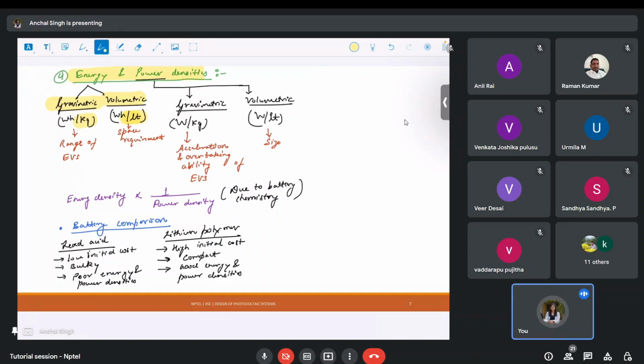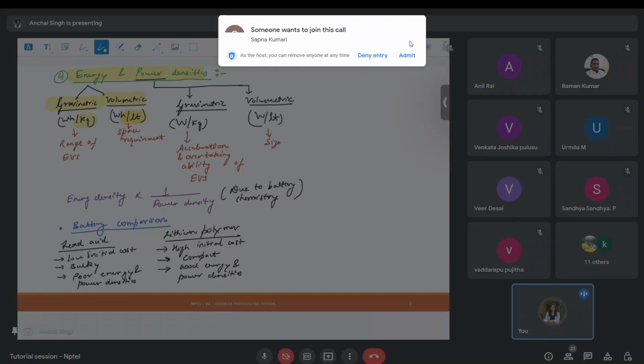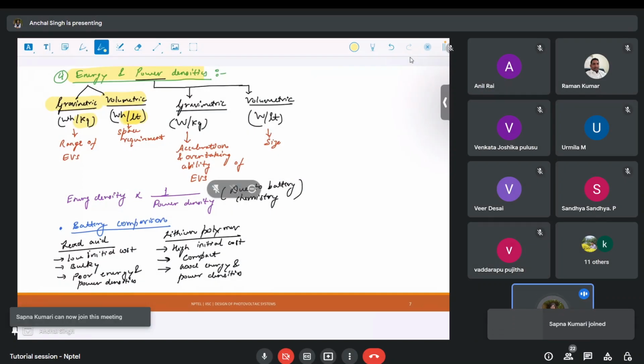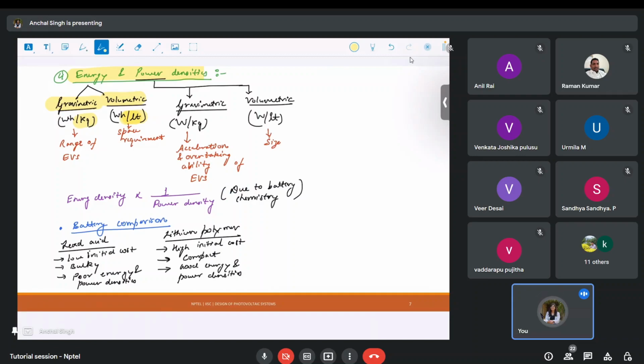So if you think in those terms, you will understand why we have to create a term called gravimetric energy density or power density. Energy density is watt hour per something, and power density is watt per something. When it's per kg, it's called gravimetric. When it's per liter, it's called volumetric.